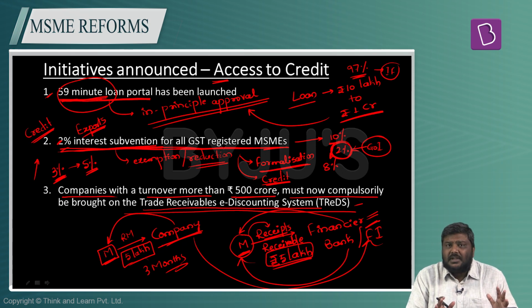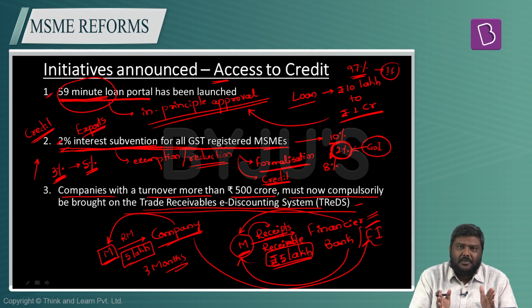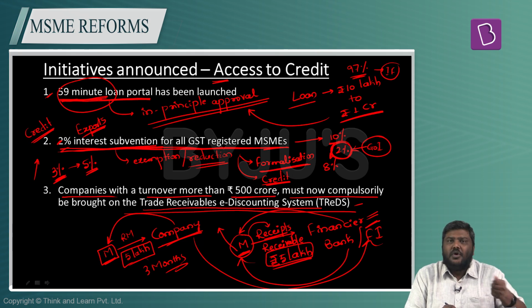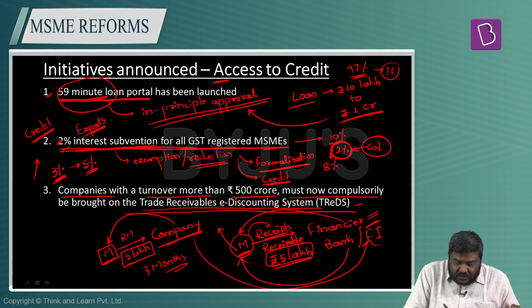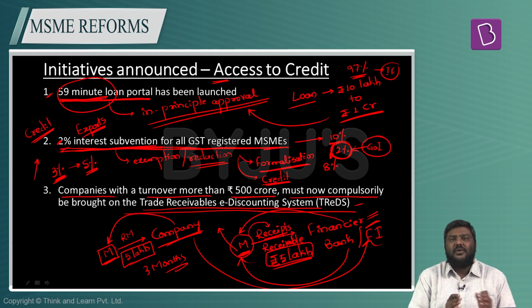In simple terms, the receivables can be traded off to get the money today itself, which will provide liquidity for this micro enterprise, and this enterprise need not go to market to borrow money. This will reduce the financial pressure or the capital adequacy pressure on this micro enterprise.